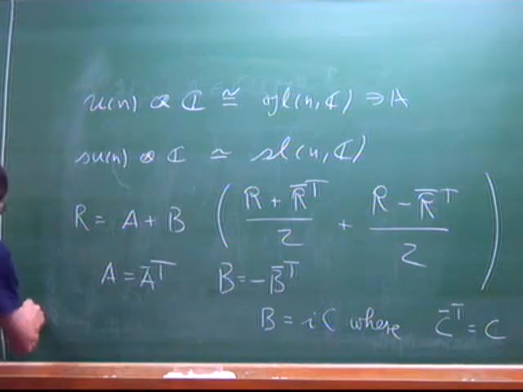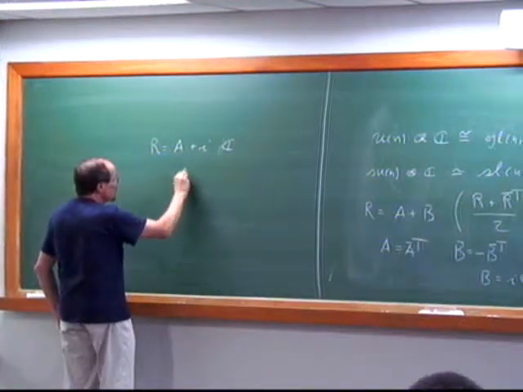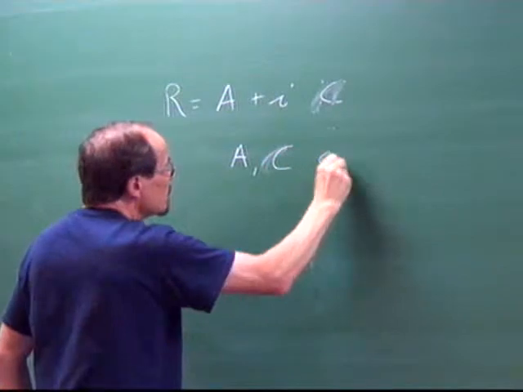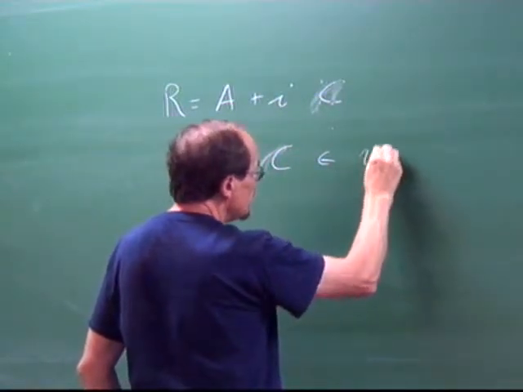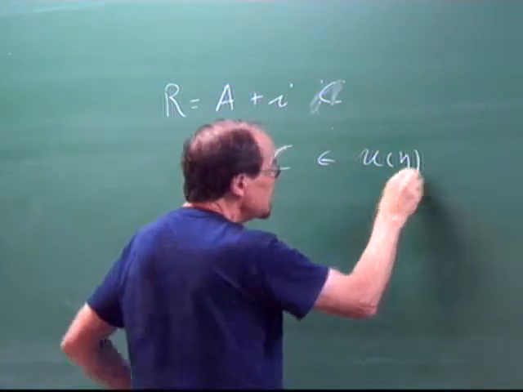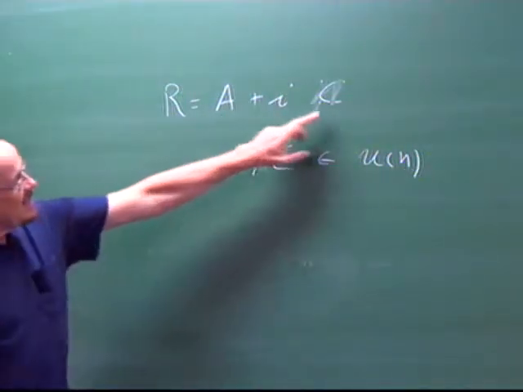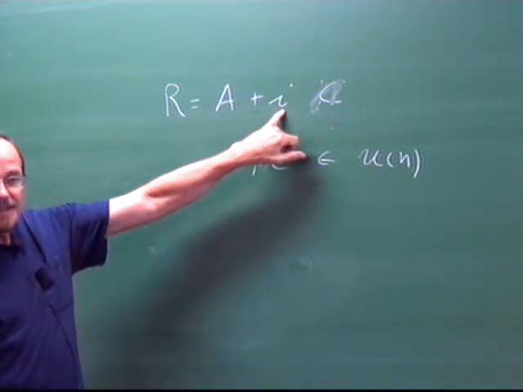So that means that R is equal to A plus iC, where A and C are both skew Hermitian, which is the Lie algebra u(n). These are the skew Hermitian matrices. So A plus i times skew Hermitian, that's exactly what I do when I complexify. That's the proof.